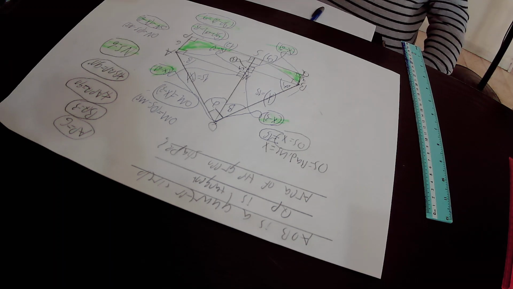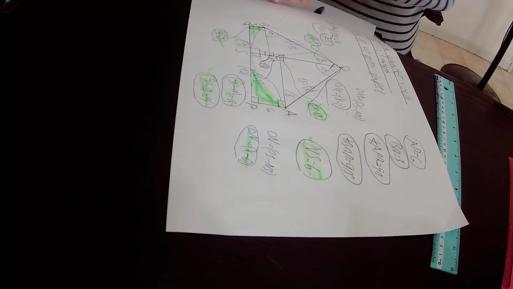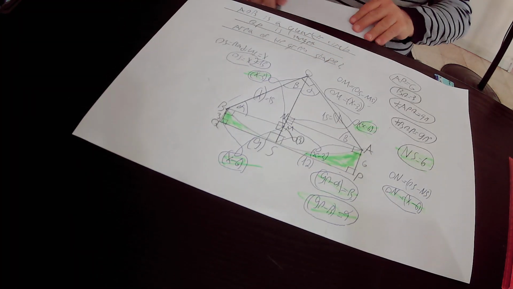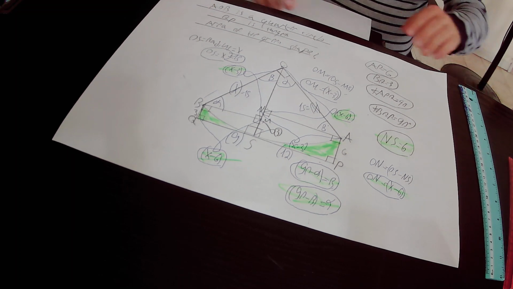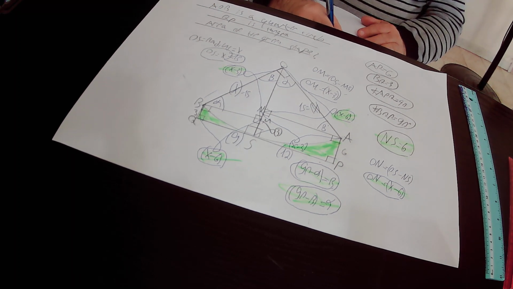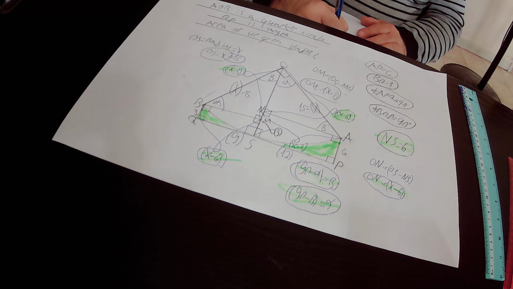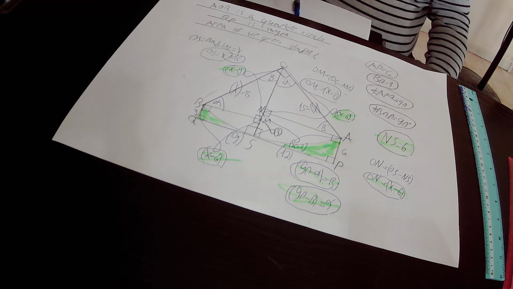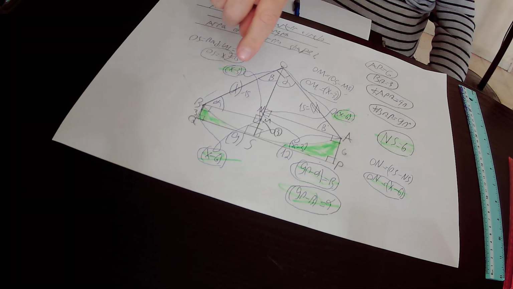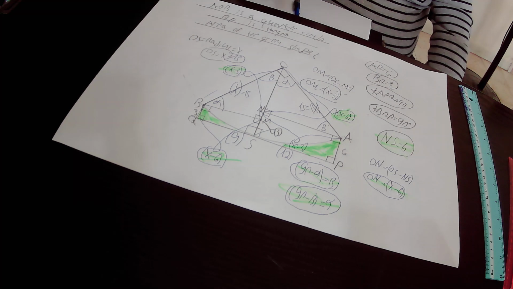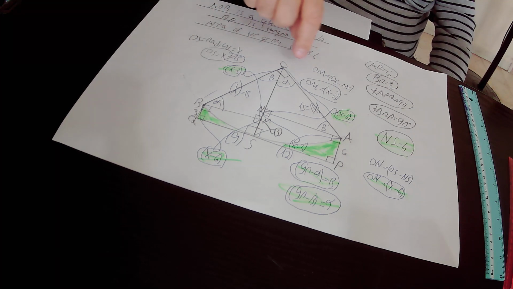So what is the area of this green shape? The area of the green shape equals the whole area of shape AOBQSP minus the area of this quarter circle AOB.